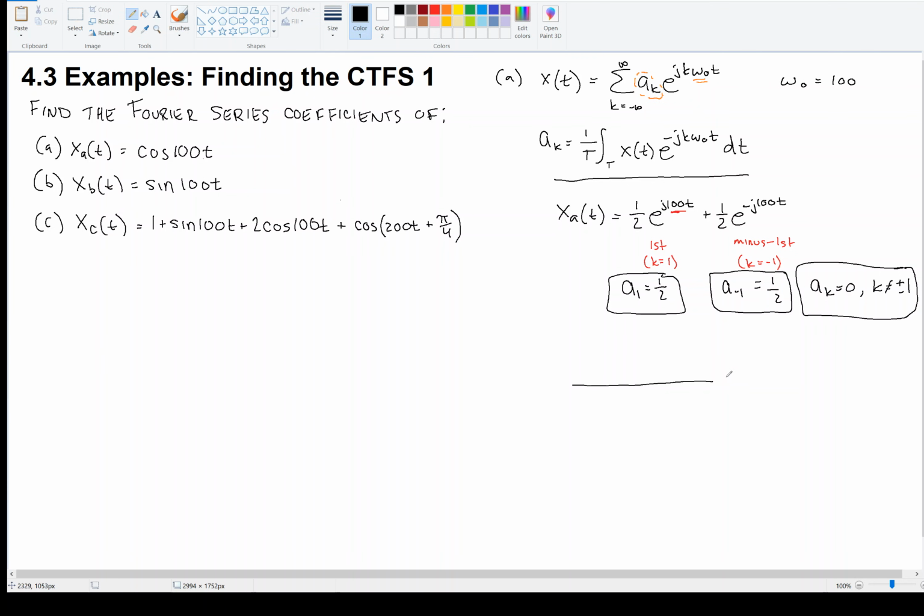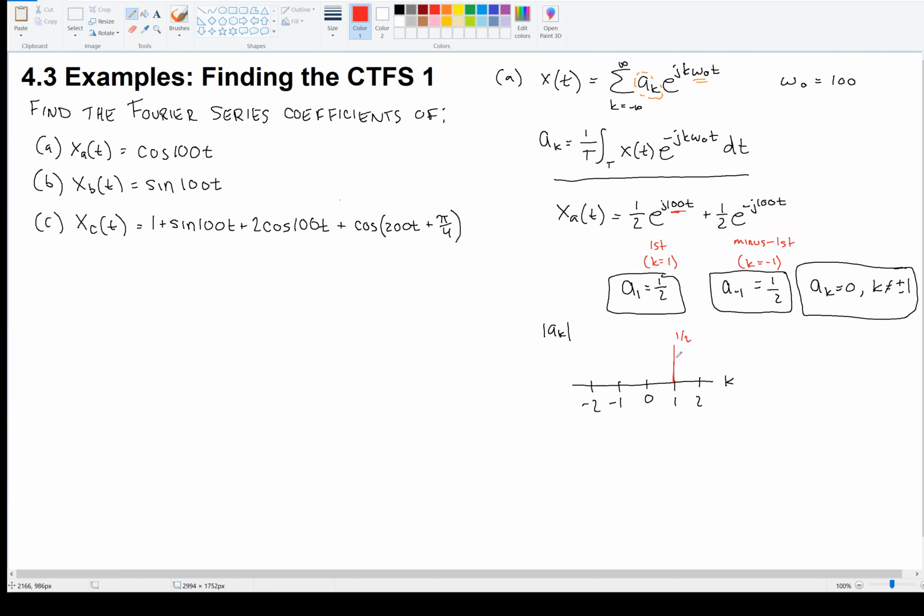But usually what we do is we show the magnitude of AKs in their own plot right here. So this would be k equals 0, k equals 1, k equals 2, minus 1, minus 2. And let's plot it. Well, what's the magnitude of 1/2? 1/2, certainly. So we just come up by 1/2.